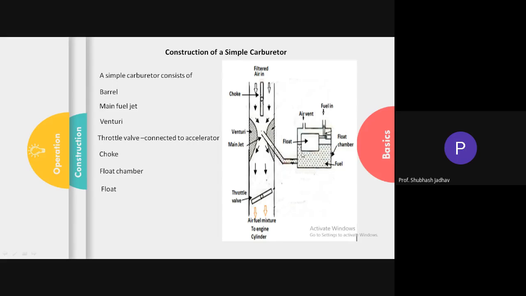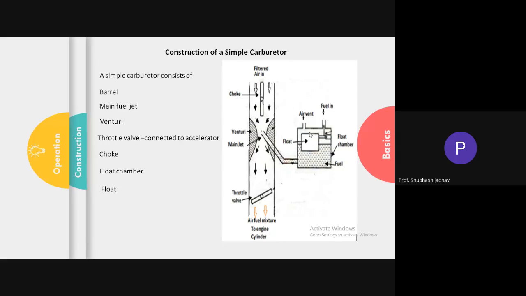So the float works similar to the float in a water tank on buildings. Everybody might have seen the float in the overhead water tanks, correct? Whenever the float reaches a certain level, it gives an indication that it is filled.